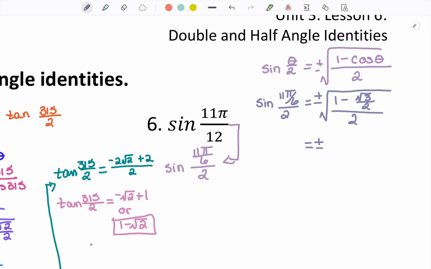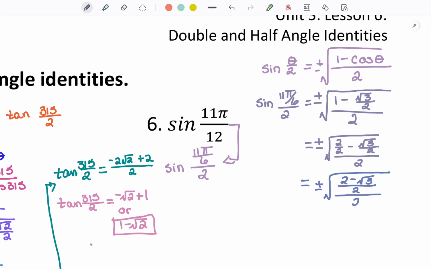To simplify, we are going to make this a fraction. So we have 2 over 2 minus the square root of 3 over 2, and then we're divided by 2. After this, we have plus or minus 2 minus the square root of 3 over 2, all divided by 2.